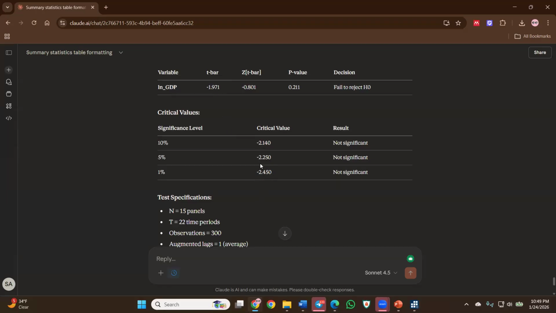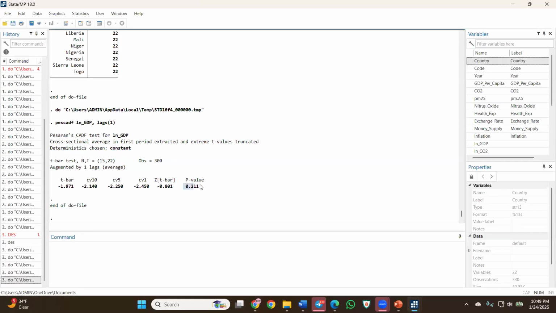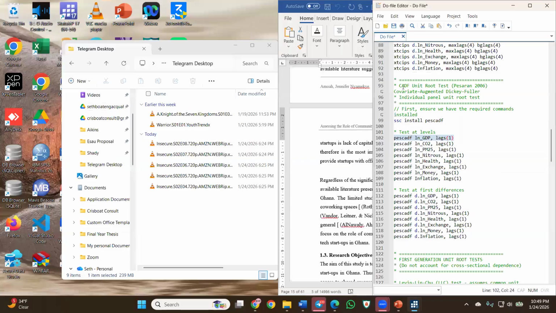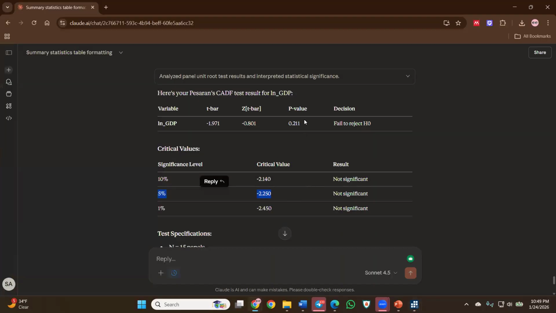So the T-bar is less than all the critical values. It's less than, so you can base it on only the 5%. That means it is not significant. And even if you look at the p-values, the CADF makes it a bit less easy for us because it gives us p-values.